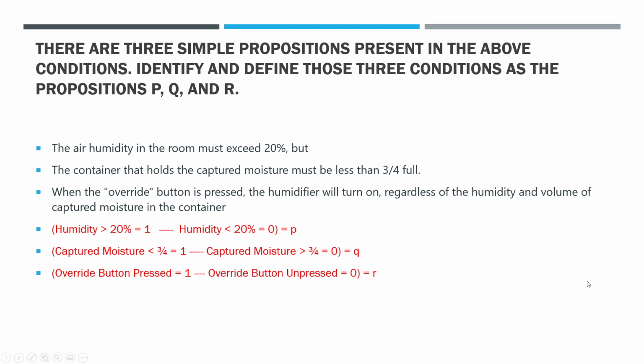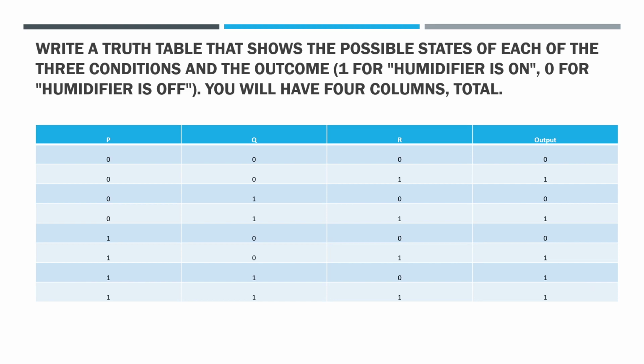For the next question, we have to write a truth table that shows the possible states of each of the three conditions and the outcome. So here we have the table PQR and its output. How I tackled this was by looking at R first, as it is the condition of the override.